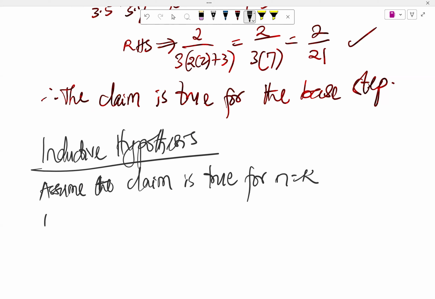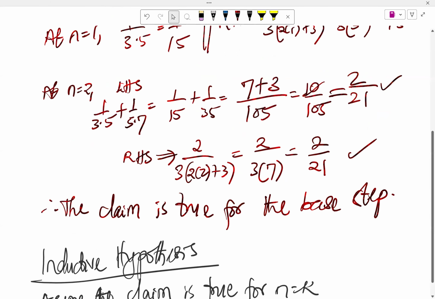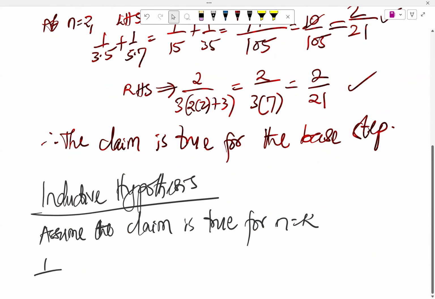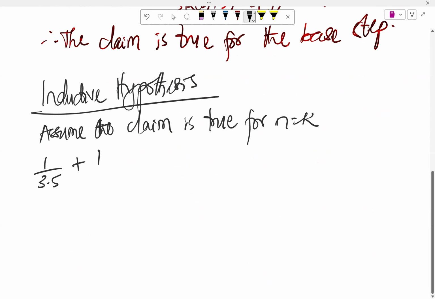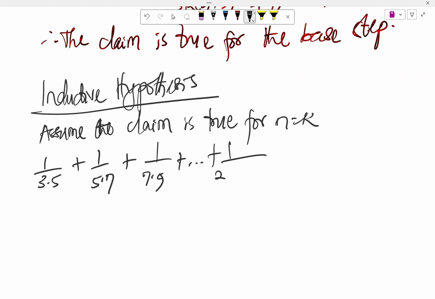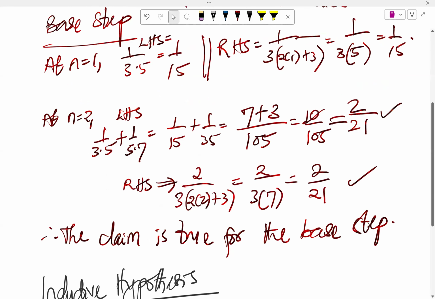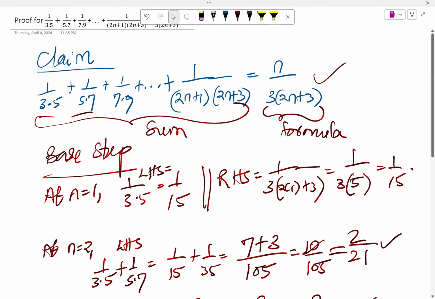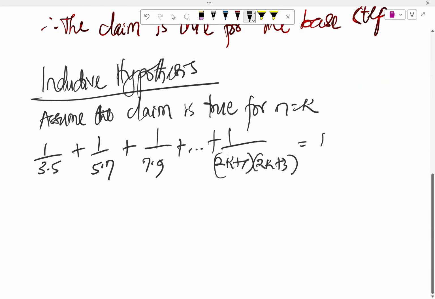What that simply means is that you have 1 over 3 times 5 plus 1 over 5 times 7 plus 1 over 7 times 9 plus all that up to 1 over 2k plus 1 into 2k plus 3, instead of n now you have k, and that is equal to k over 3 into 2k plus 3.